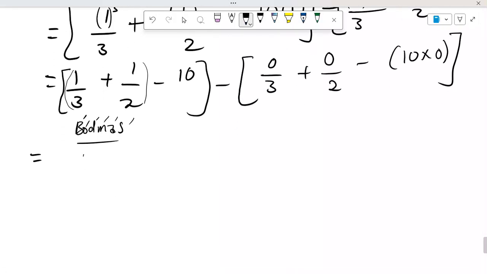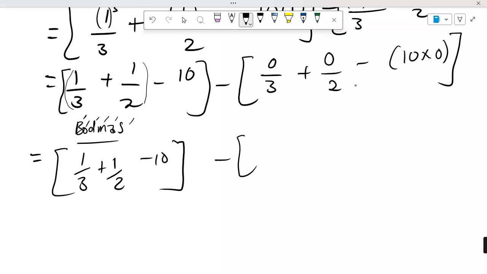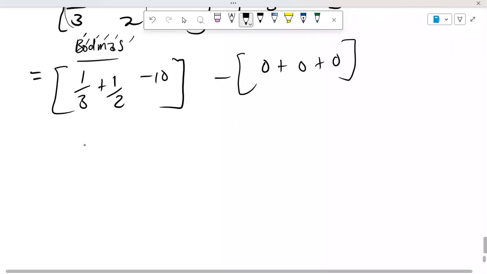Let me just rewrite it. 1 over 3 plus 1 over 2 minus 10. This is our upper limit, minus. This is 0, this is 0, this is 0, so 0 plus 0 plus 0. So we'll start with this addition.